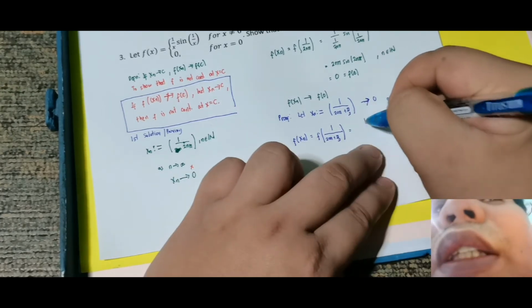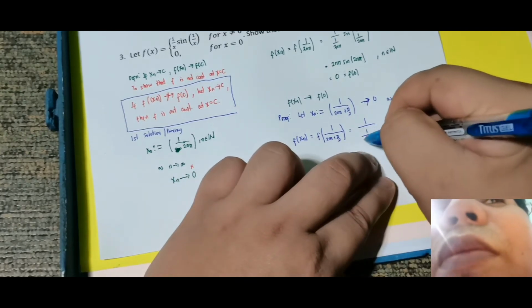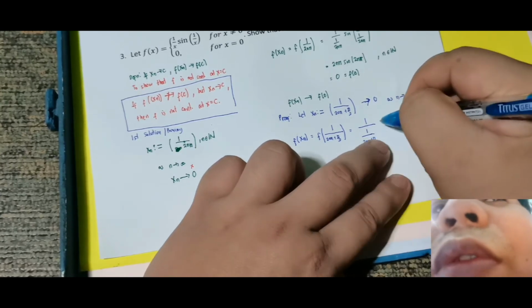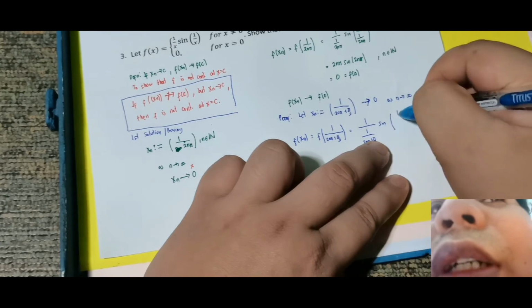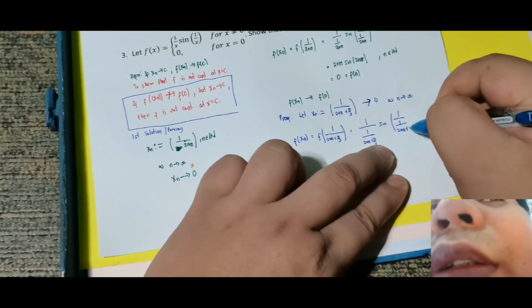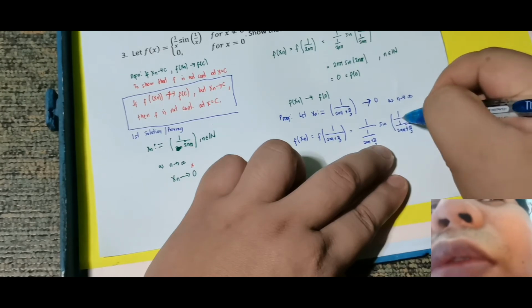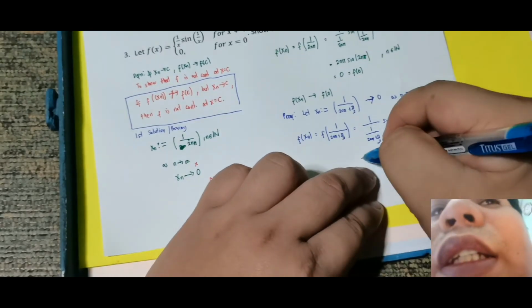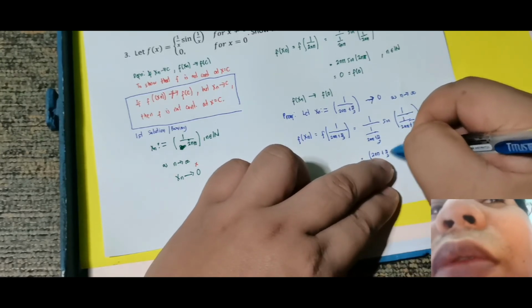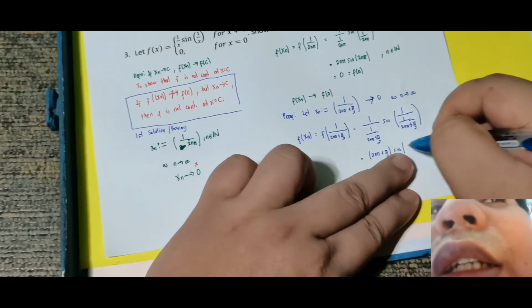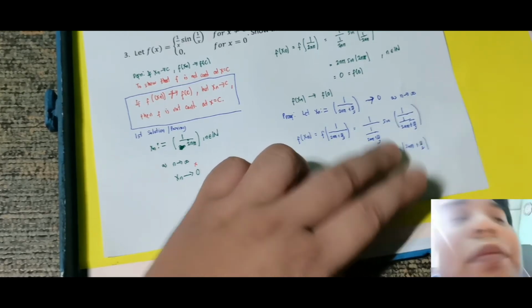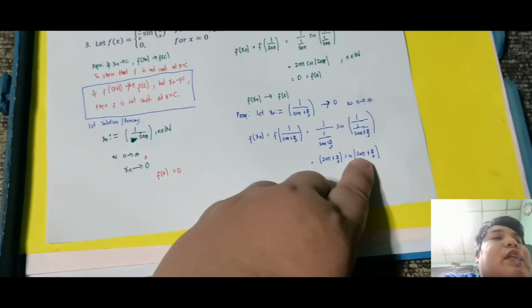This is equal to 1 over 2n pi plus pi over 2, then sine ng 1 over 2n pi plus pi over 2. Okay? So, aware tayo, ito ay laging nag-approach sa 1.